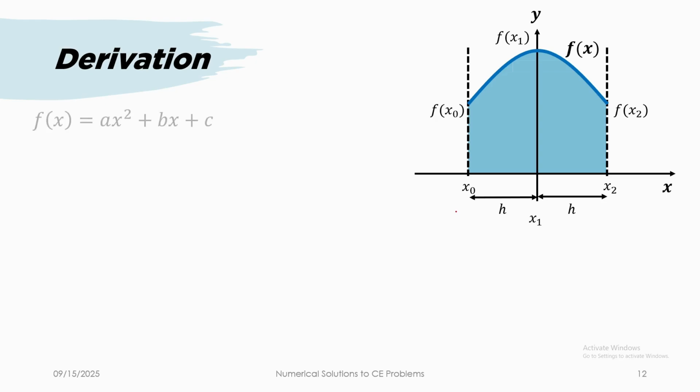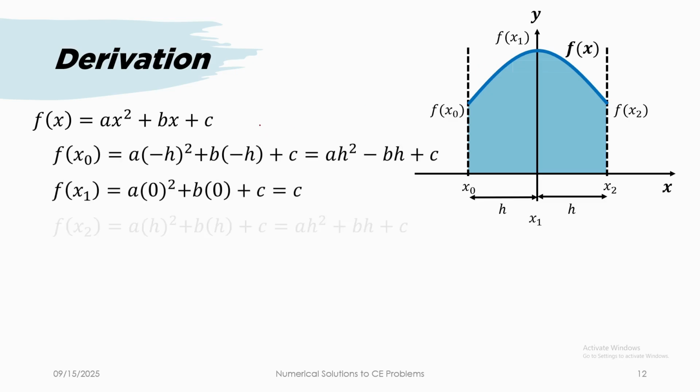Moving on, recall our function f of x equals ax squared plus bx plus c. If we evaluate f of x at the nodes x naught, x sub 1, and x sub 2, we would get these. Since we have established earlier that x naught is negative h on the number line, x sub 1 is 0 since it's at the origin, and x sub 2 is h, the other end of our evaluation.